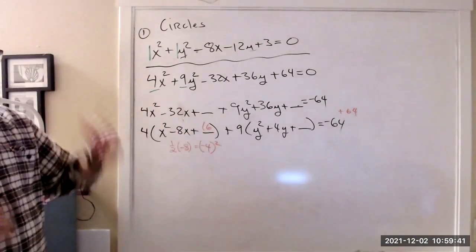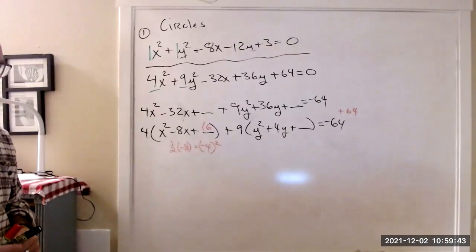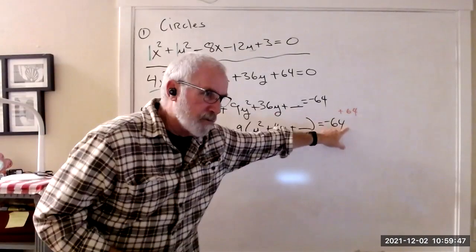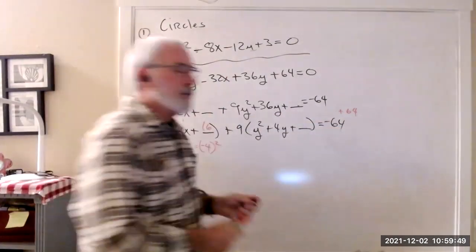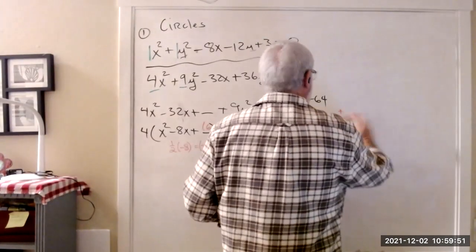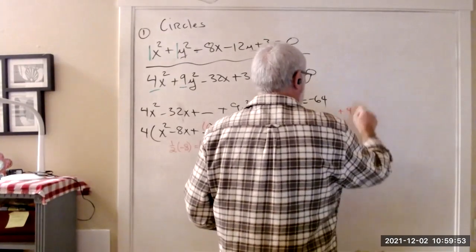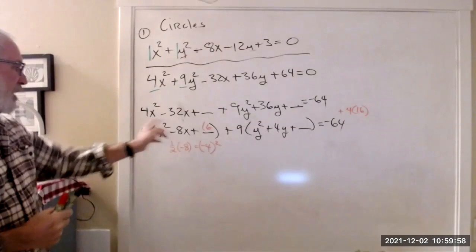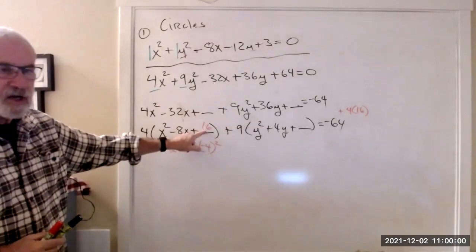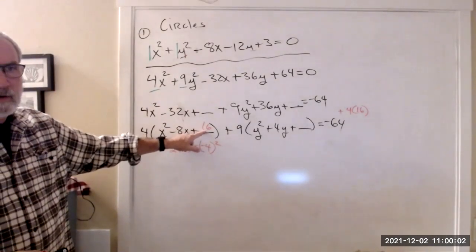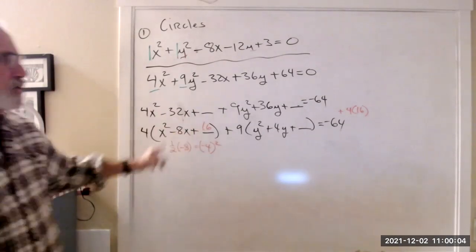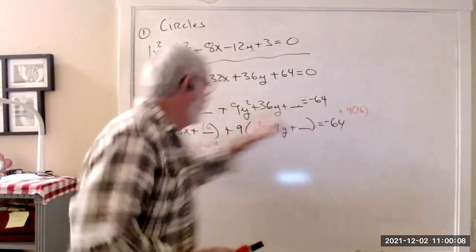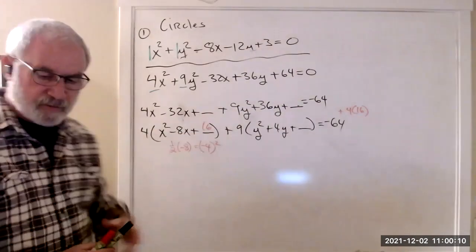Some instructors, instead of just saying put a 16 here and a 64 here, show their students this: we add 4 times 16, to show that they're adding 4 times the 16, which happens to be 64. A lot of students like that because it explains where that 64 came from. 4 times this magic number.